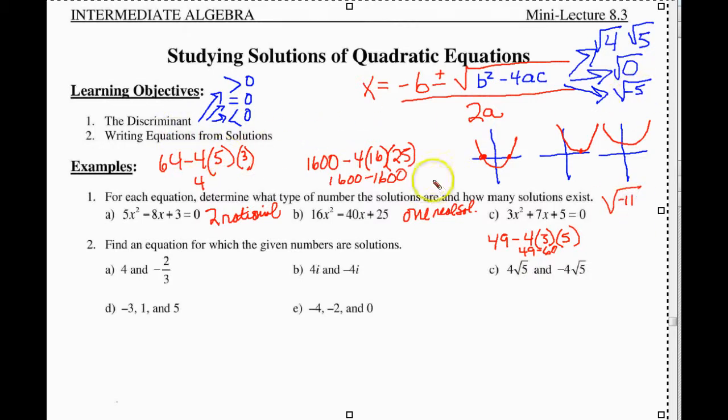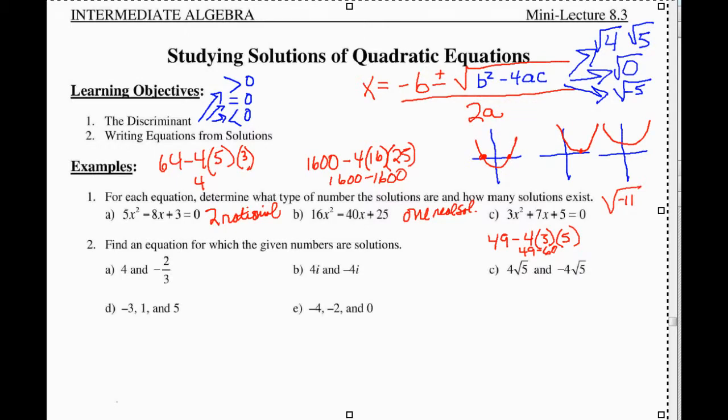Our discriminant is a negative 11. So here we're going to get 2 imaginary or complex solutions that are irrational. Okay, so there's the background. This is sort of an easy thing to do. I did want you to understand the significance then of the discriminant and what it can give you.